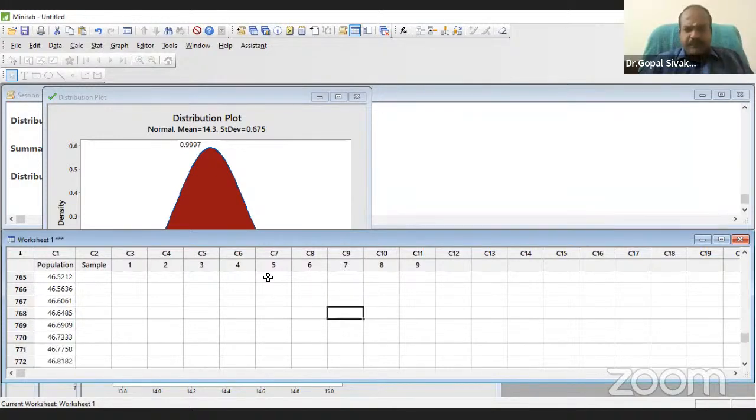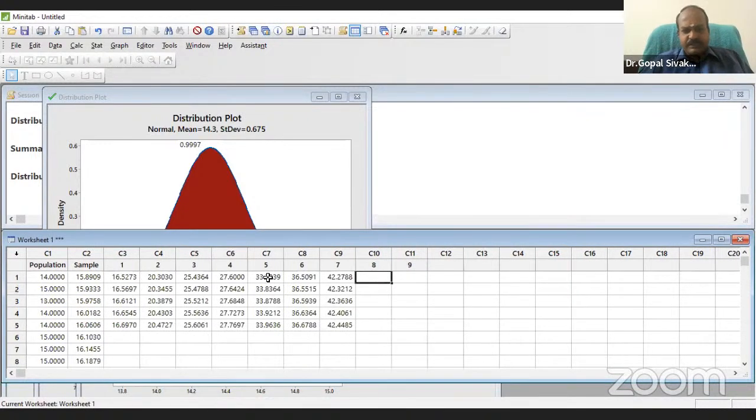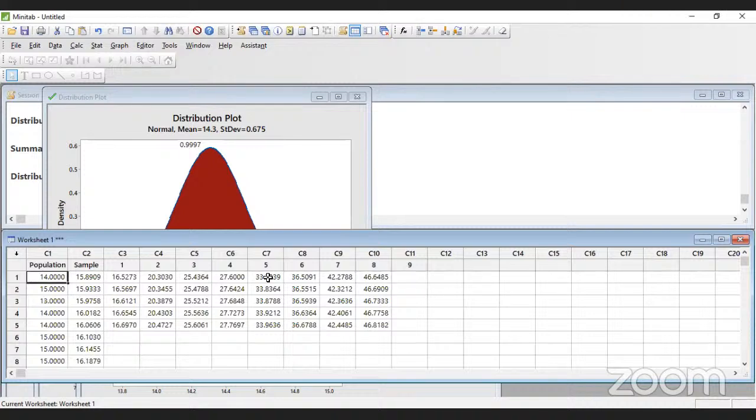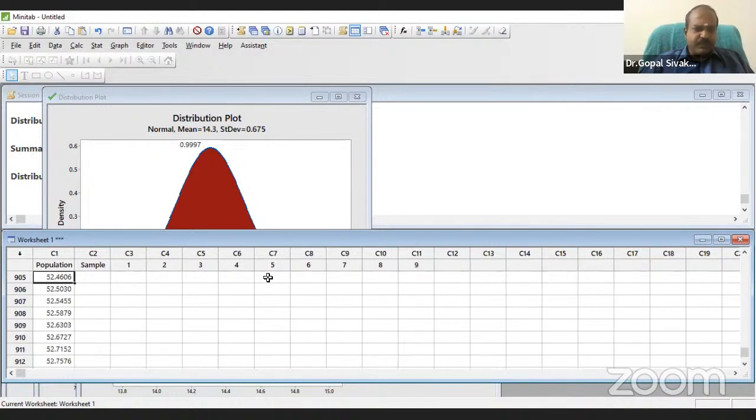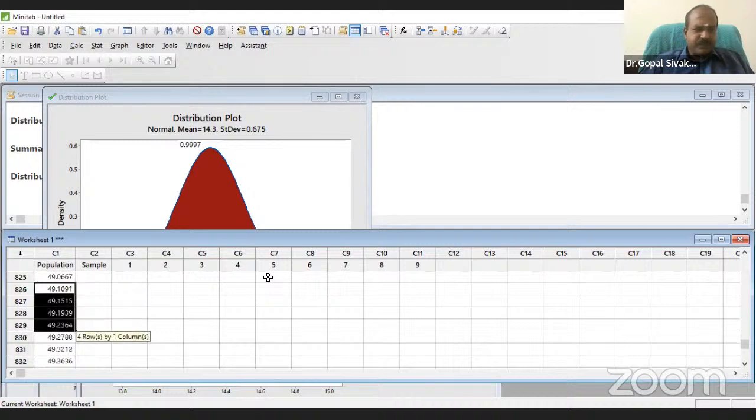So Control C. Now section 9 is 800 to 900. Very good. Okay, 5 data points.